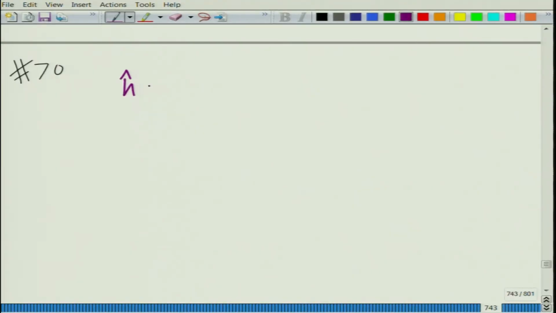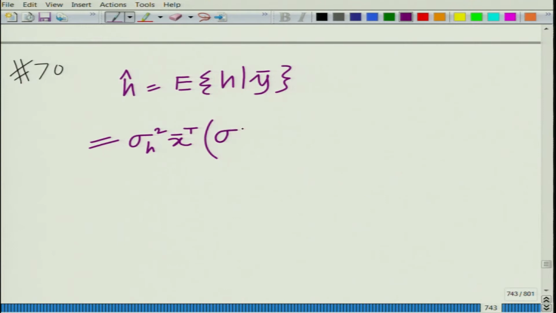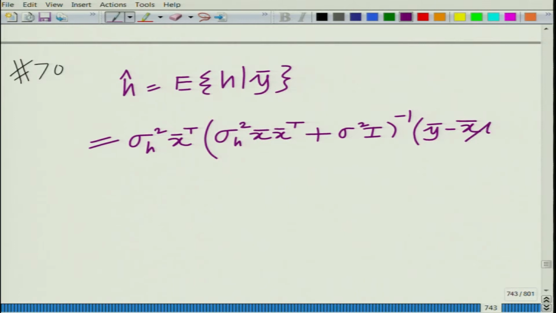You have h hat equals the expected value of h given y bar, and we have seen that the expression for this is sigma h square x bar transpose times (sigma h square x bar x bar transpose plus sigma square identity) inverse times (y bar minus x bar mu h) plus mu h.